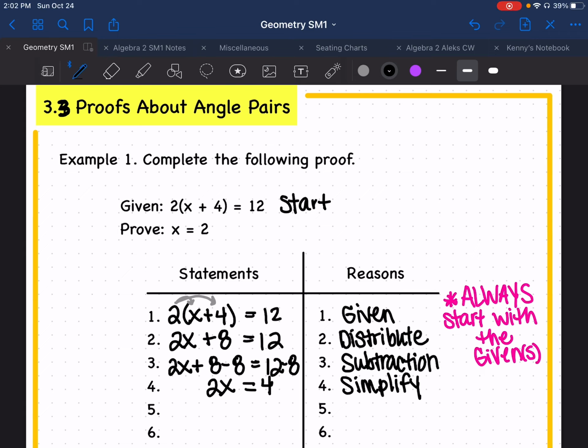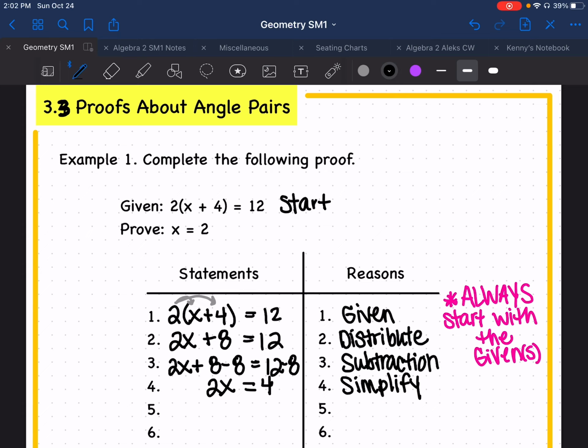Okay, so be careful. The difference between the operation and simplify is that when it's the operation, subtraction or addition or multiplication or division, you are going to see that operation written on both sides of the equation. When we actually do the operation, when we actually subtract, that is when I use simplify.